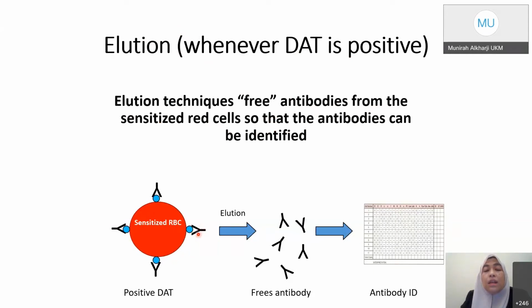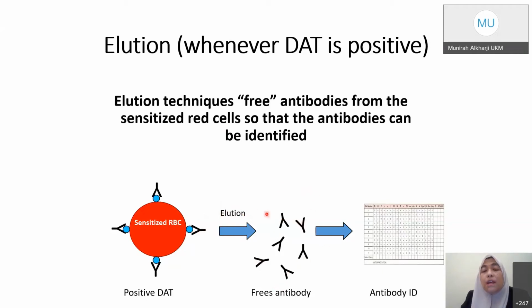In order to know what antibody is attached to the red cell, we must remove the antibody from the red cell. So we must use the elution technique, from which we can remove the attached antibody, and the free antibody goes to the plasma.